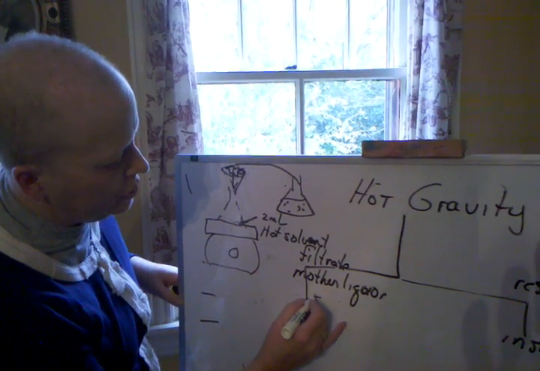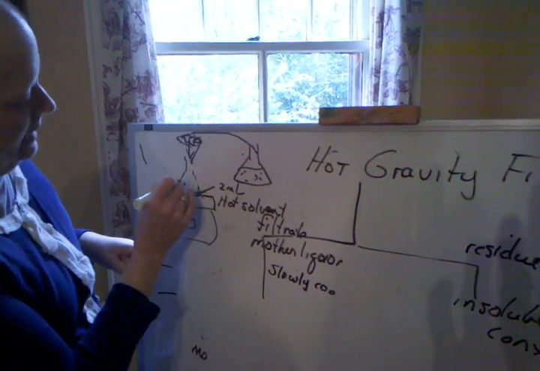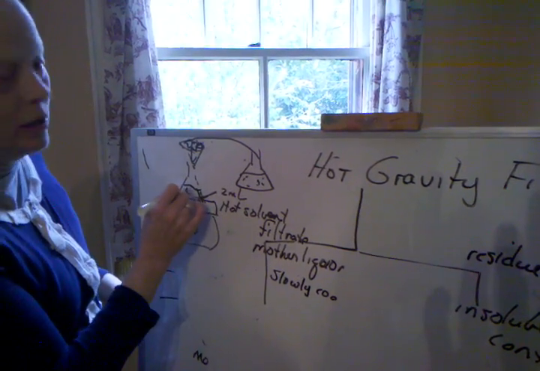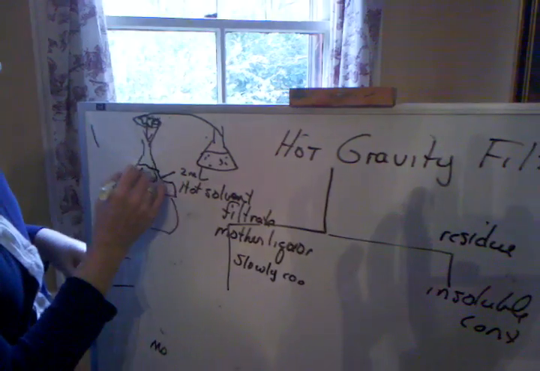So then what you do is you slowly cool. Everything ends up in here. This should look like a clear solution. I know that's a horrible picture. Okay? This should be a clear solution.